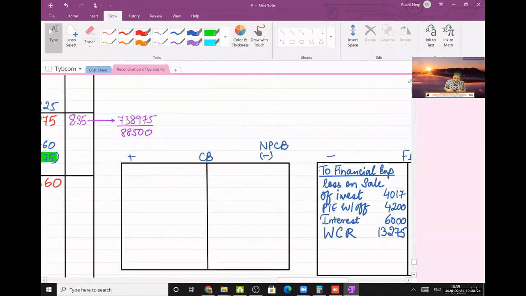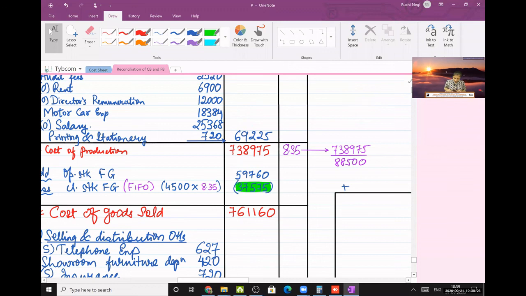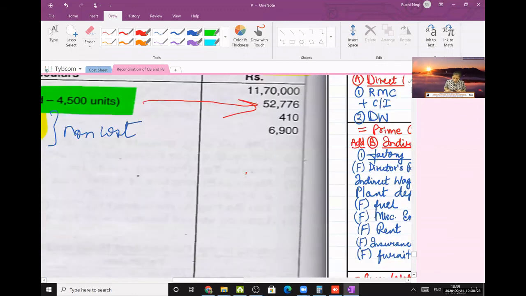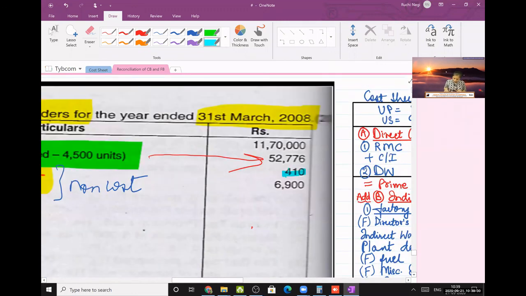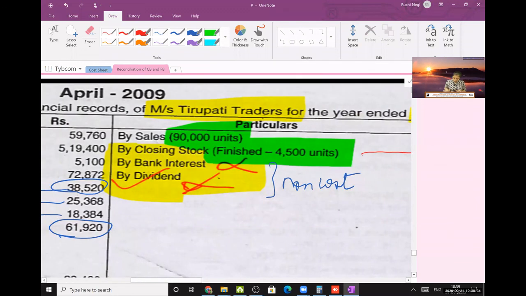And then these two items, 6,900 and 410.